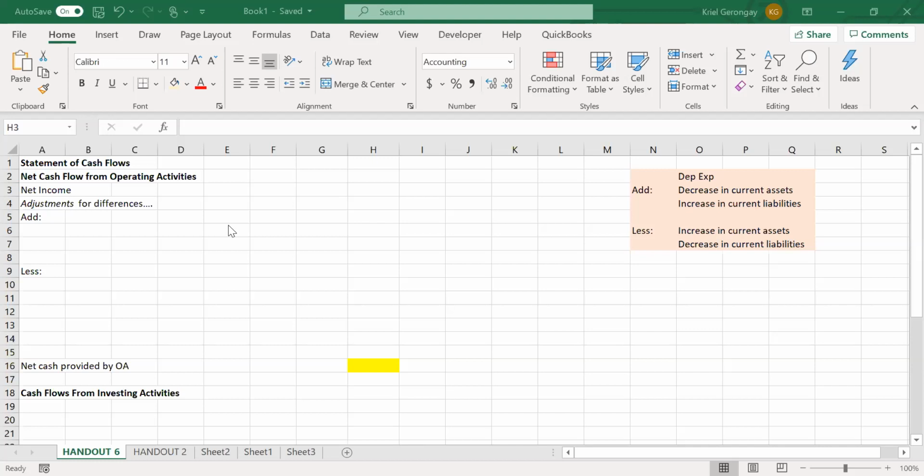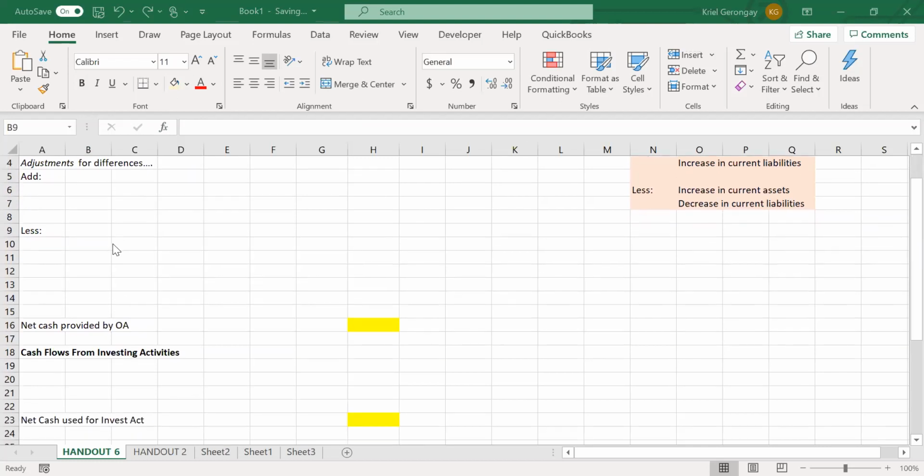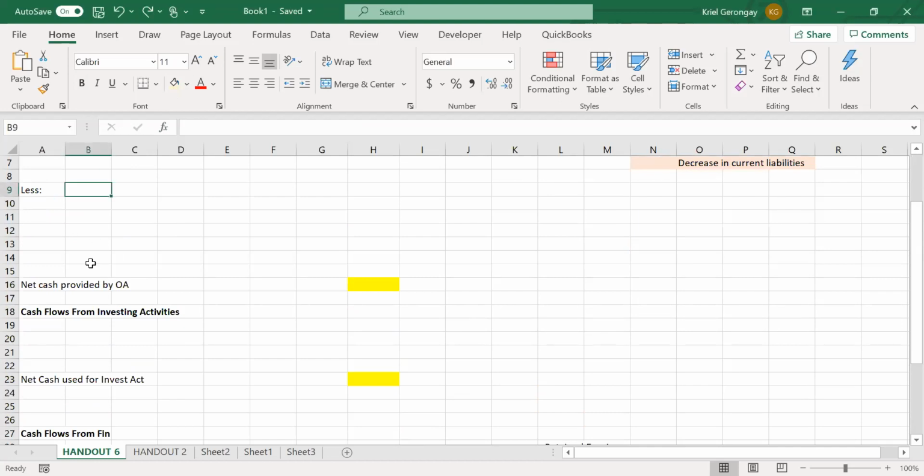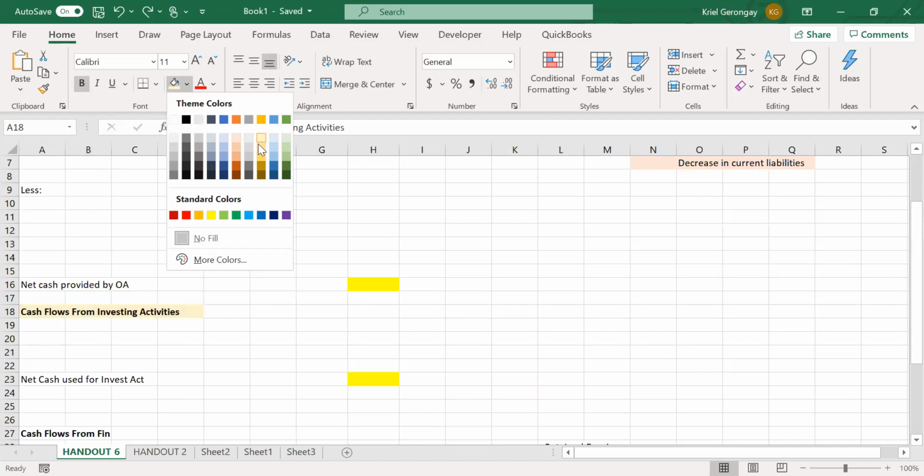As you can see, there are 3 sections: the operating activities, investing, and cash flows from financing activities.